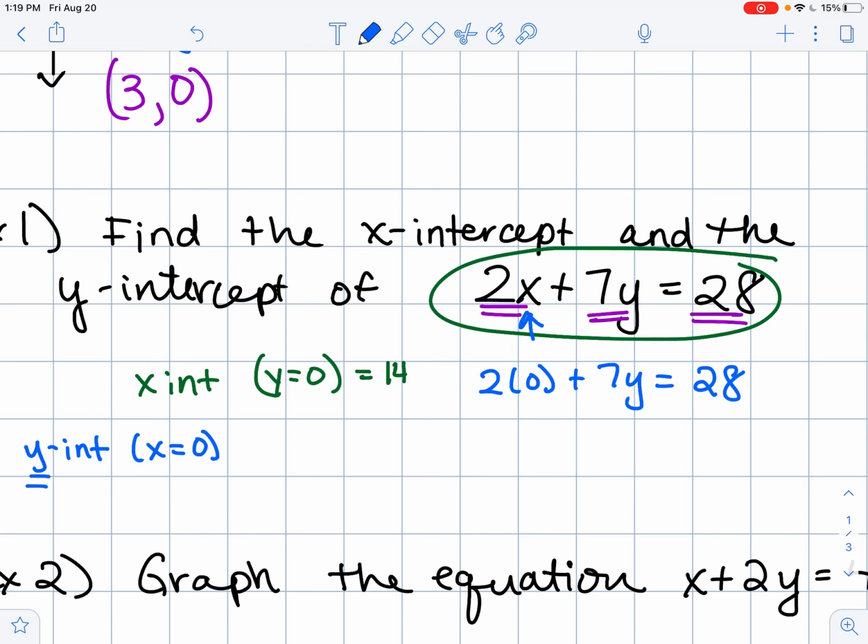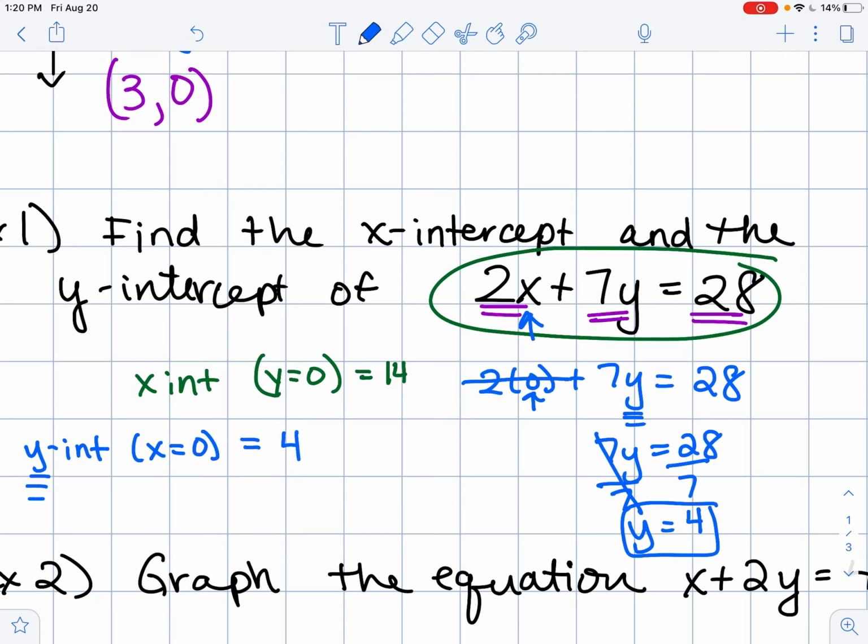So I'm looking for the y-intercept. I want the y to be left there. I plug in 0 for x. 2 times 0 is just 0. It's gone. So we get 7y equals 28. Solve for y. We divide by 7. And we get y equals 4. So the y-intercept is when y equals 4.